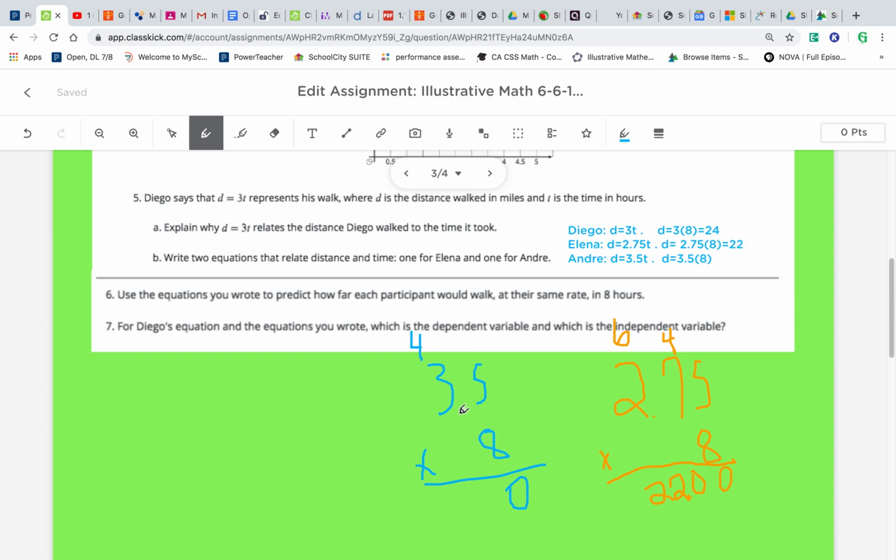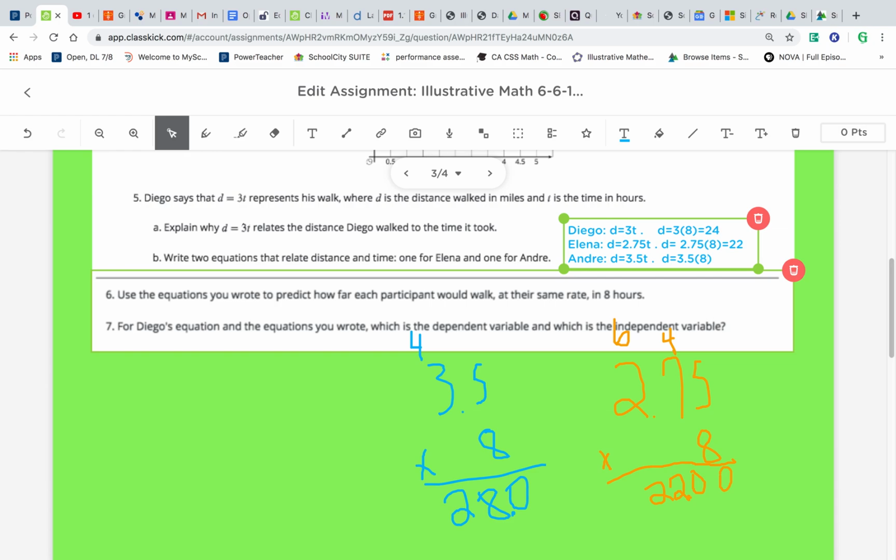And 8 times 3 is 24, plus 4 is 28. But it's not 280. In this case, we have one number behind the decimal point, so we go in one spot. So it's 28.0, which is the same thing as 28.